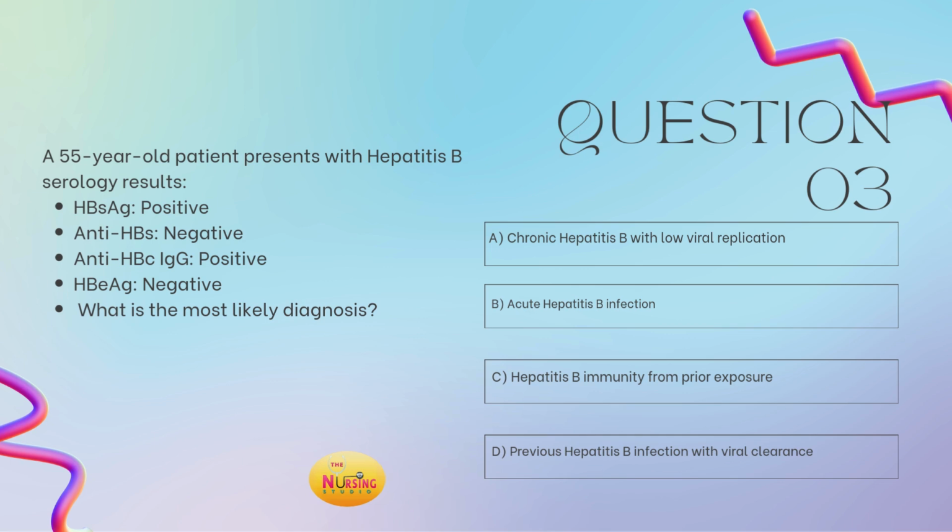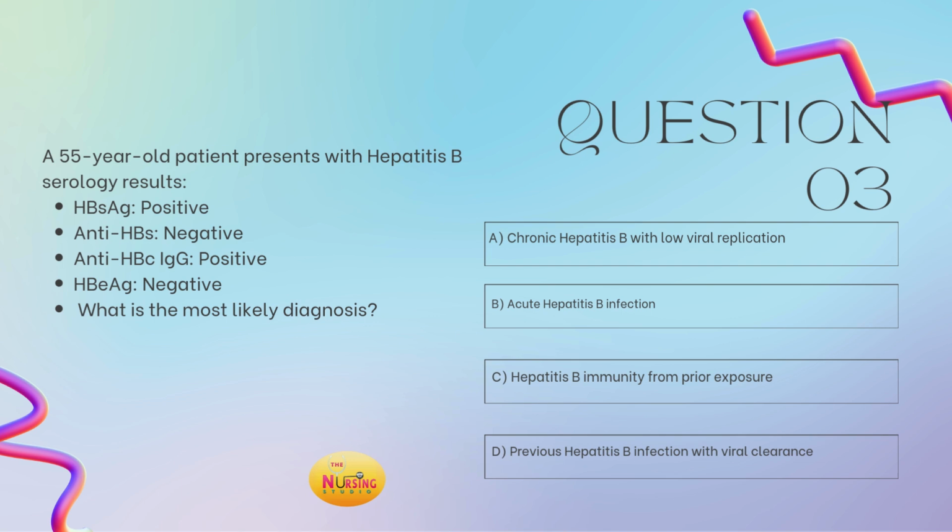This is talking about viral replication, right? So the best answer here, number 1, is A, chronic hep B, right? We all agree on that, right? And the HBeAg being negative lets us know there's a low viral replication. So what does that mean? If there's a low viral replication, they're either on an antiviral or something, or the body is effectively fighting off this infection.